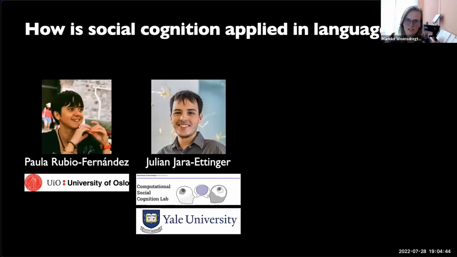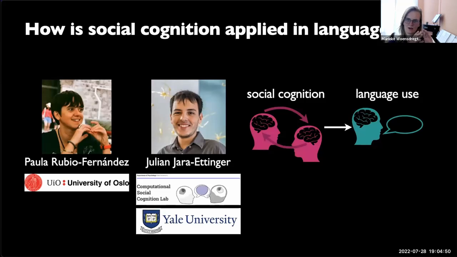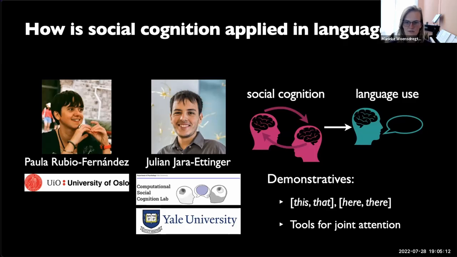Now, all the work I'm presenting here is joint work with Paula Rubio-Fernandez and Julián Jara-Ettinger. And as I mentioned, the overarching question for this project was, how does social cognition get applied in language use? And instead of focusing on, let's say, more complex pragmatic phenomena like scalar implicature, for example, we decided to focus instead on a more, let's say, core feature of our grammar, specifically demonstrative systems.